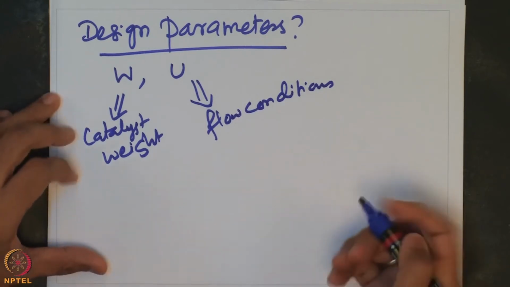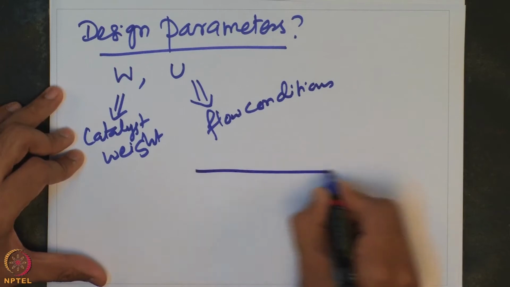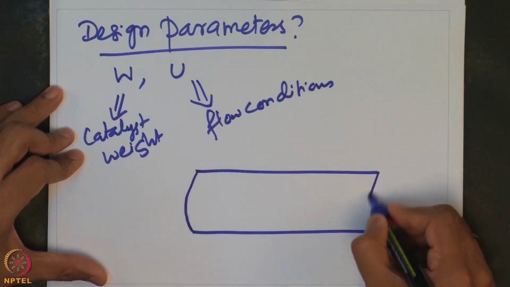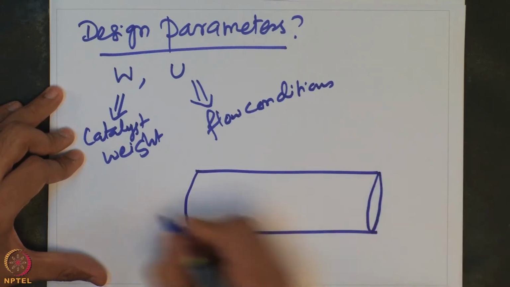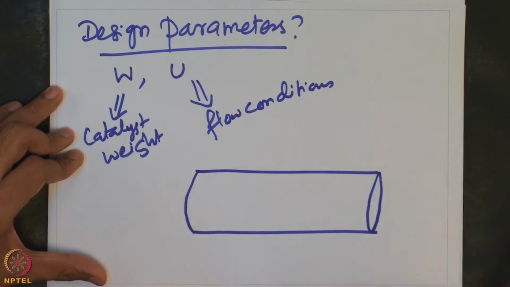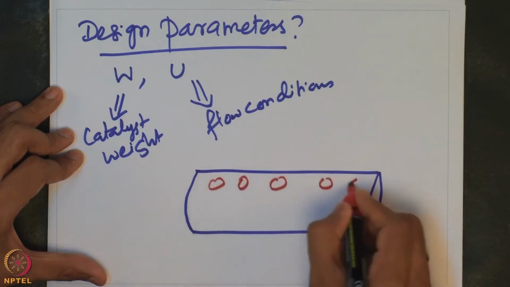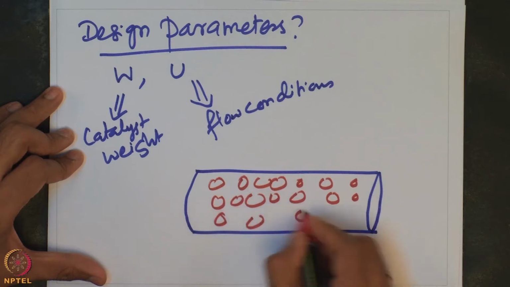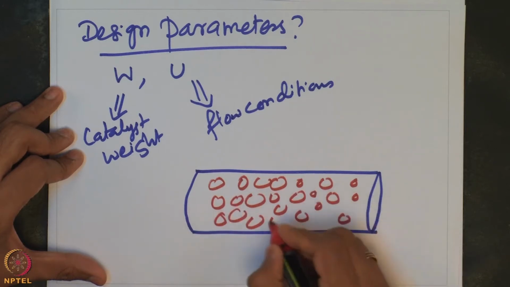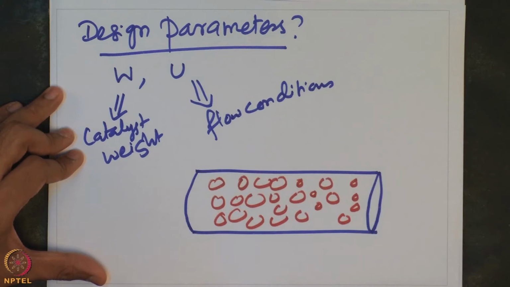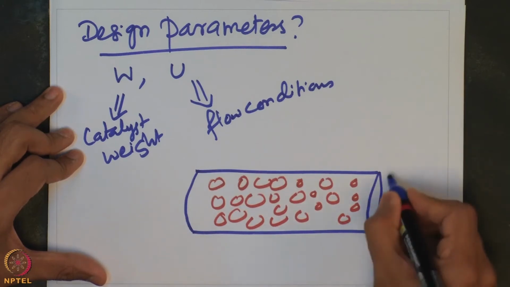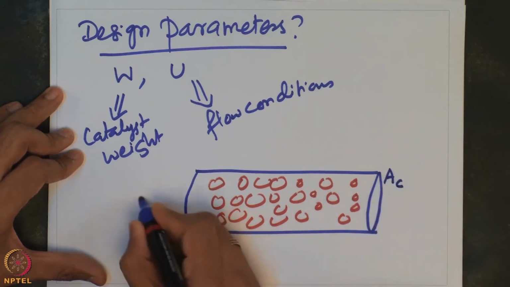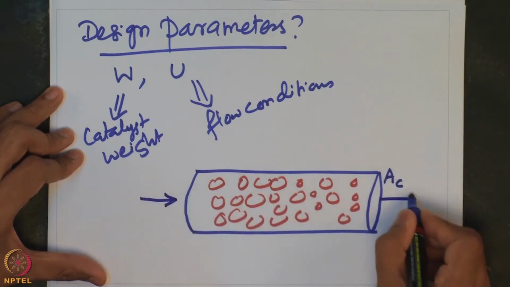So, let us try to sketch a packed bed reactor. Let us say that it is filled with catalyst, and let us assume that the cross sectional area of the reactor is AC and the fluid is flowing through the reactor.